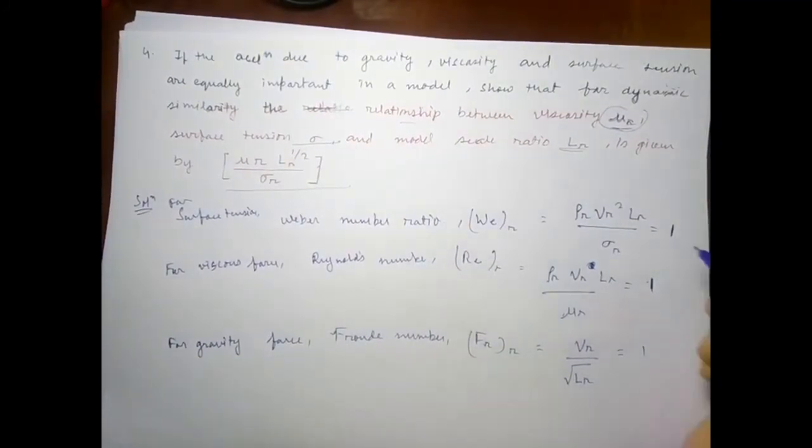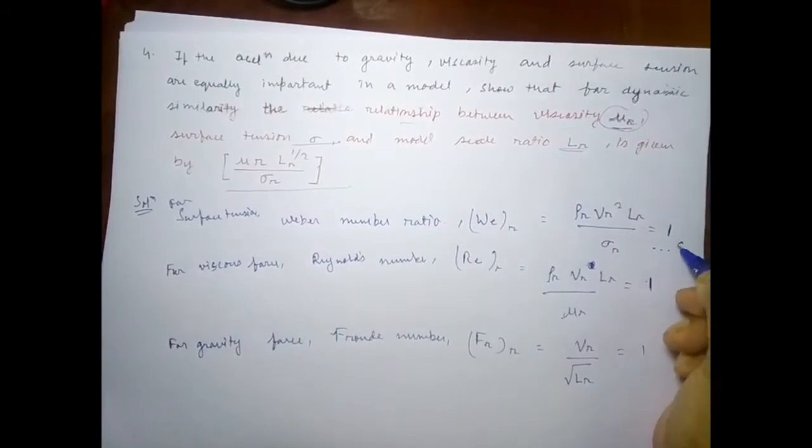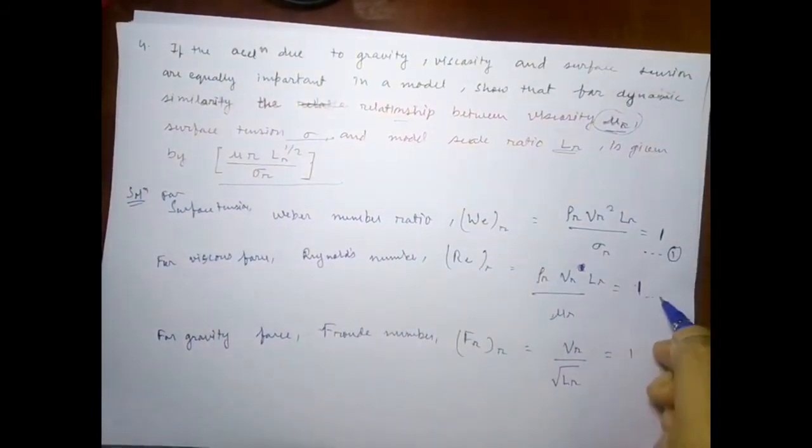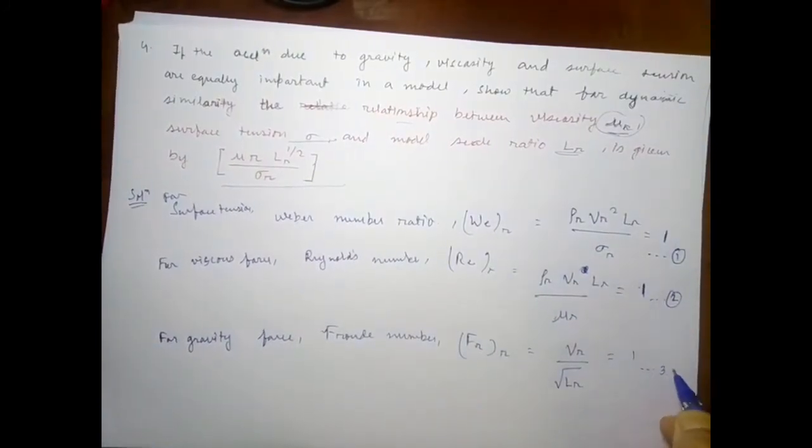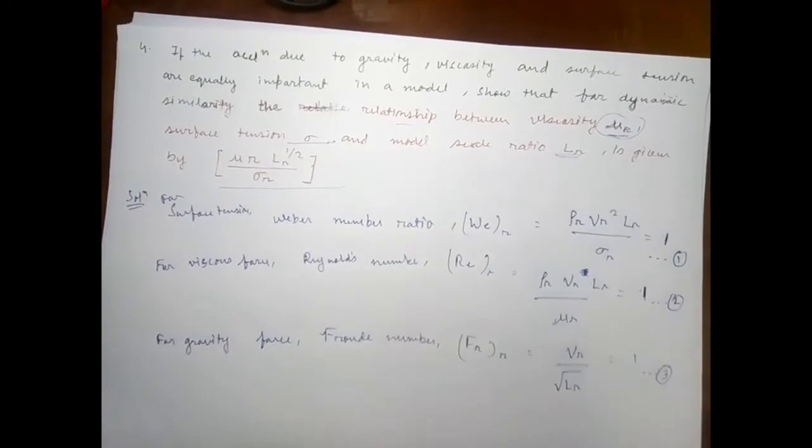So let's consider this Weber number ratio as equation 1, the Reynolds number equation as equation 2, and this Froude number equation as equation 3.